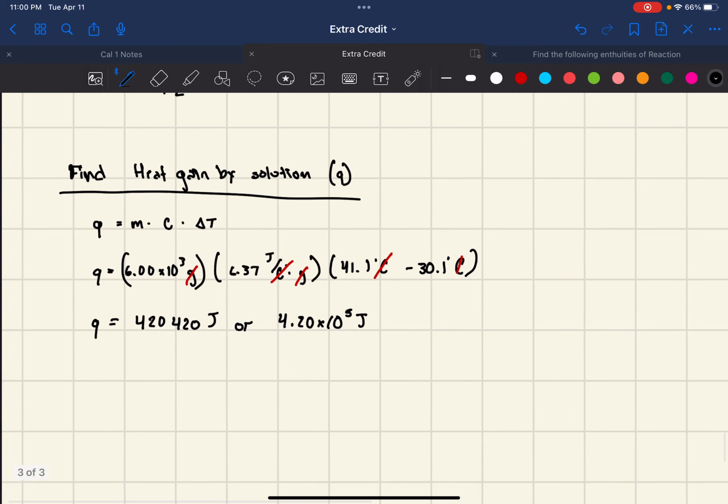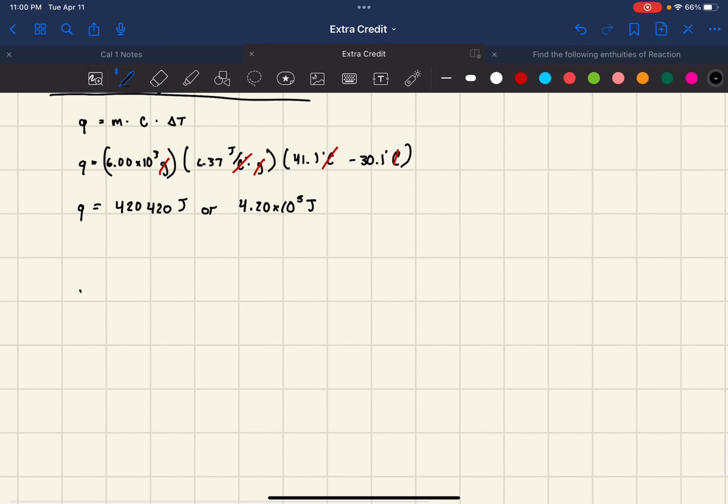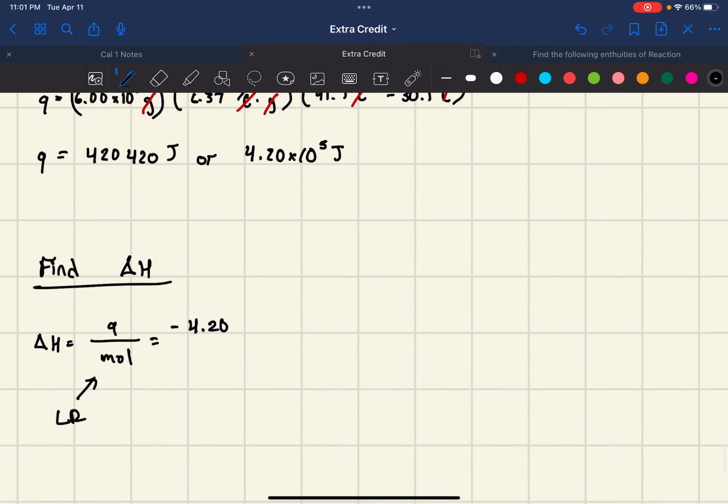And last step, guys, we're going to find delta H. Delta H equals Q over moles, and we're going to be using the moles of the limiting reactant. So let's plug these numbers in. This will be negative: 4.20 times 10 to the 5th joules over the limiting moles, which is 1.33 moles.